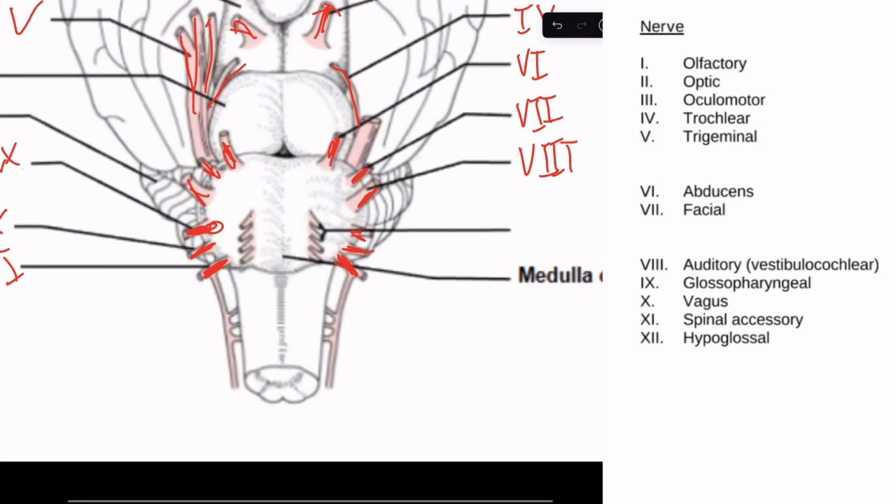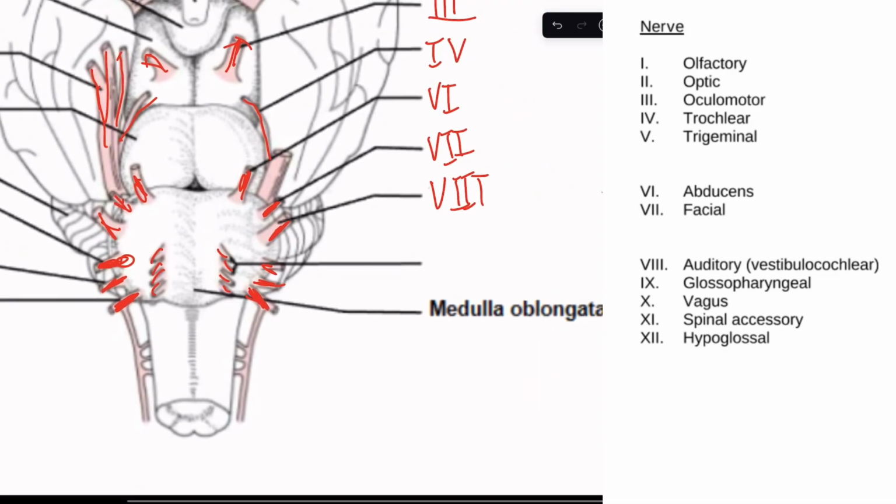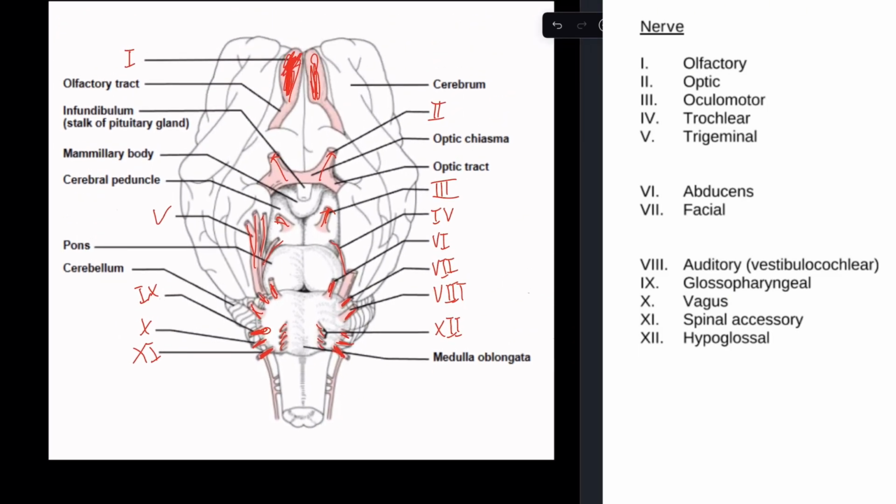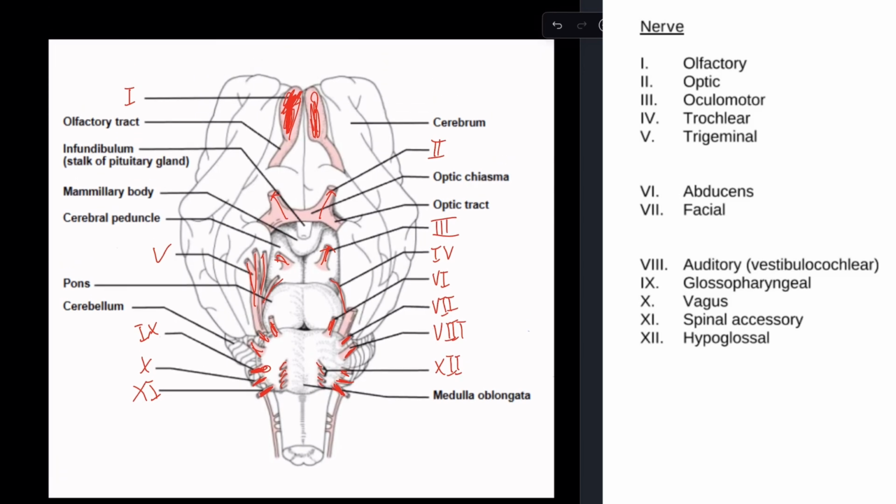And then finally, this nerve right here is known as the hypoglossal nerve, and then the Roman numeral is XII. And that should be it with the cranial nerves.